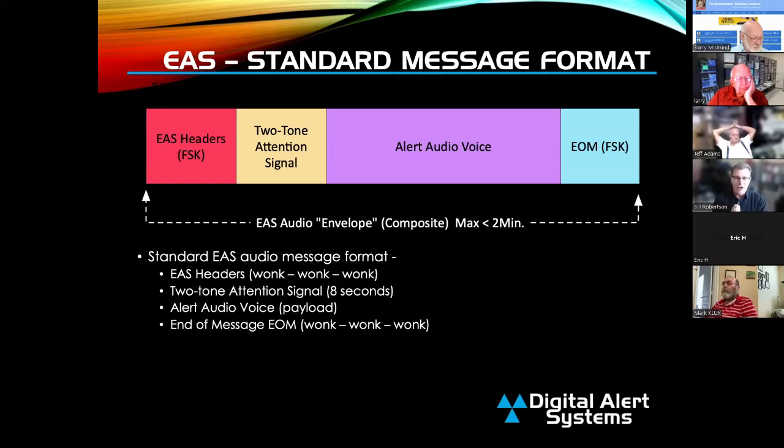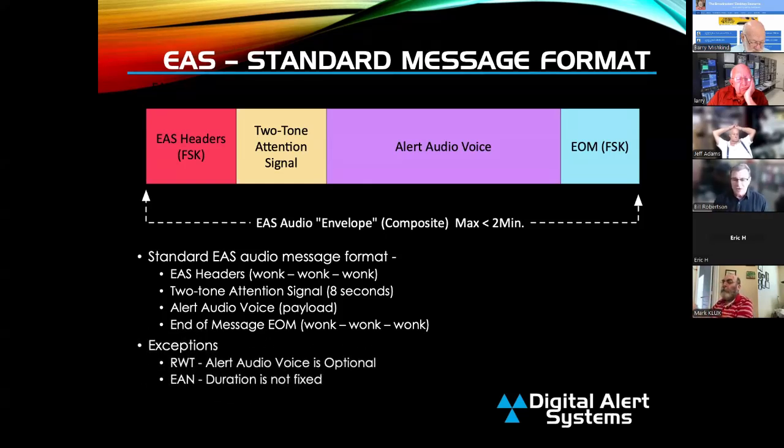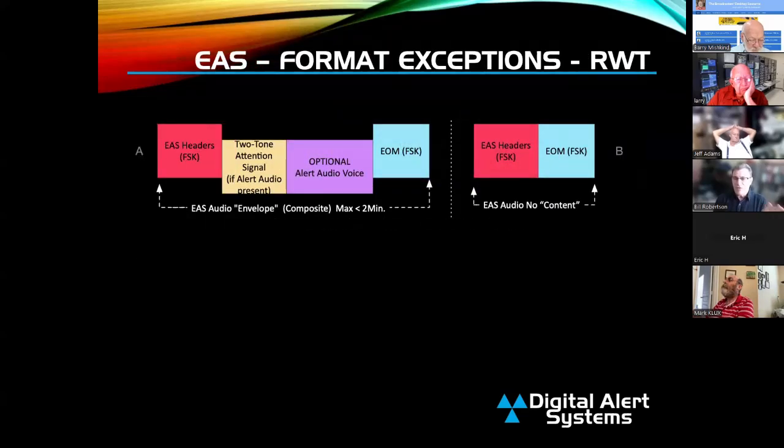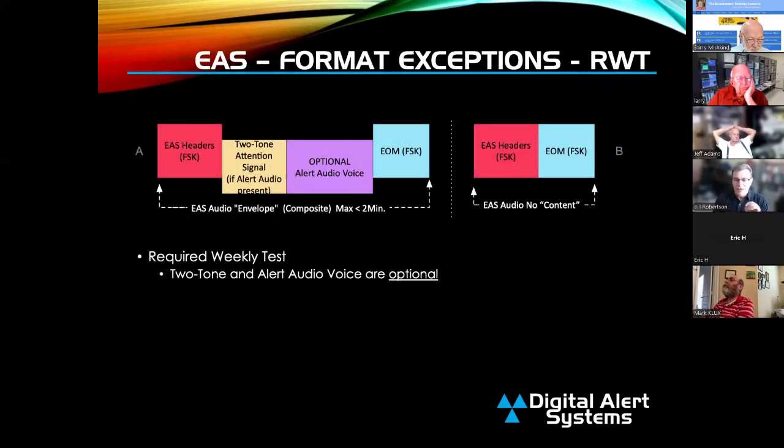When I talk about the audio envelope, though, it contains everything from the initial wonks to the EOM wonks. There are some exceptions, depending on whether it's an RWT or an EAN. On an RWT, there are two different ways it can be presented. The two-tone and the alert voice are optional.